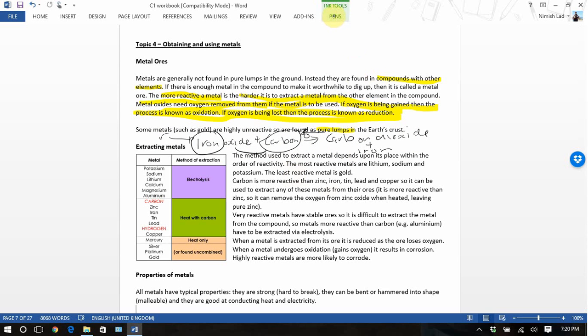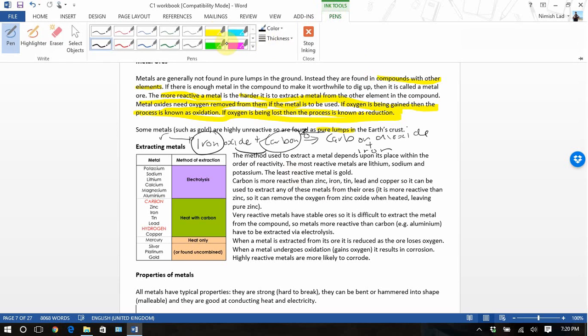If you need to go over that bit again as an example, just rewind the video and watch it there.